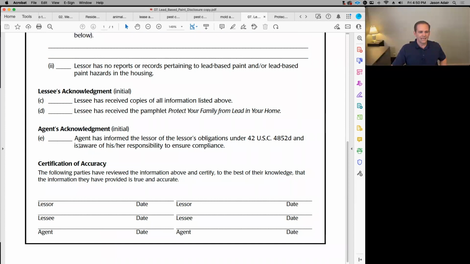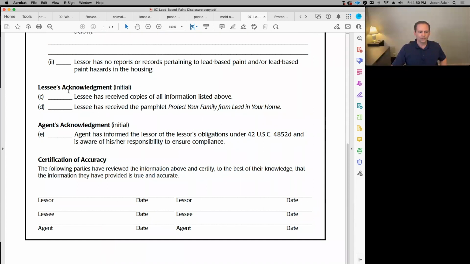Now, the lessee side of it, what they have to do is they have to initial one of these. Lessee has received copies of all information listed above. So if you actually have some information, some reports or so forth, and you've given it to them, they have to sign off that they've received those. They have to initial. If you don't have those, that's fine. There's nothing there. Lessee has received the pamphlet to protect your family from lead in your home.